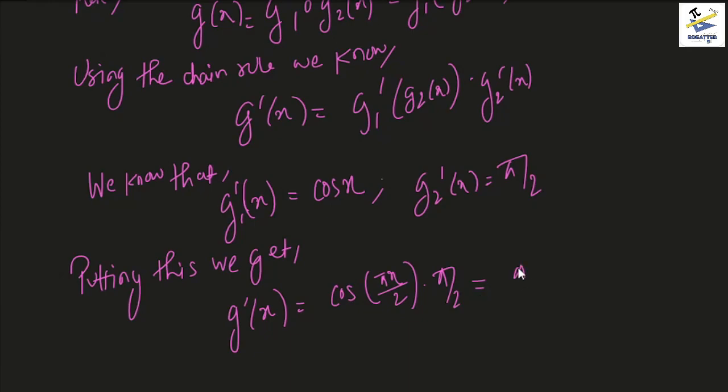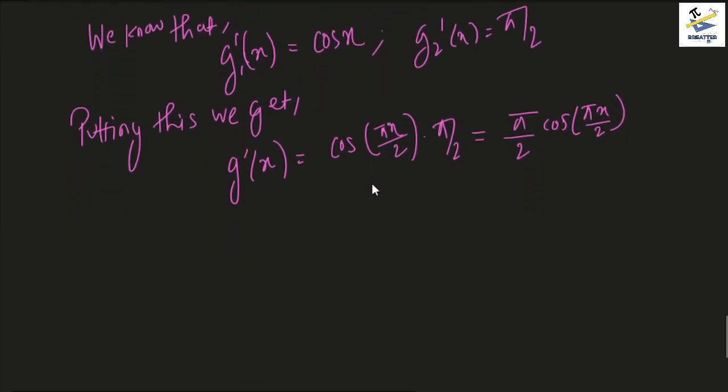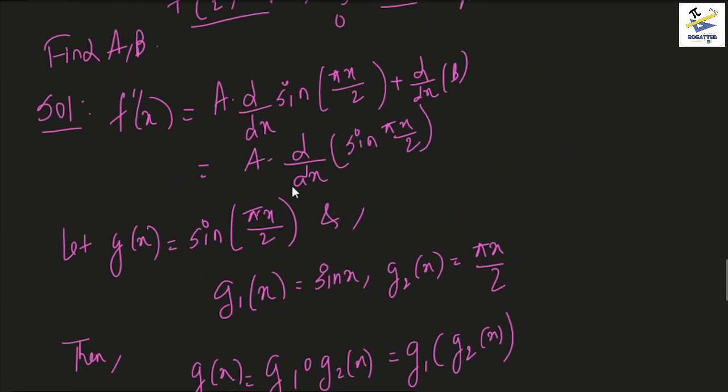In other words, this is just pi by 2 cos of pi x by 2, right? So we see that f dash x then becomes a into pi by 2 into cosine of pi x by 2.